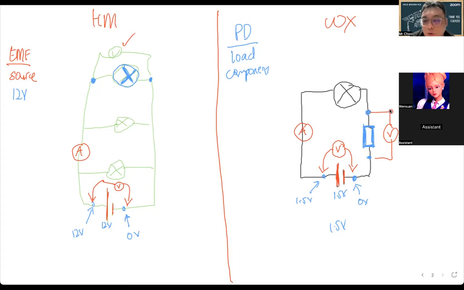Will it move towards the voltmeter or to the resistor? Can you tell me? If your voltmeter has a very low resistance, your current will all go to the voltmeter instead.